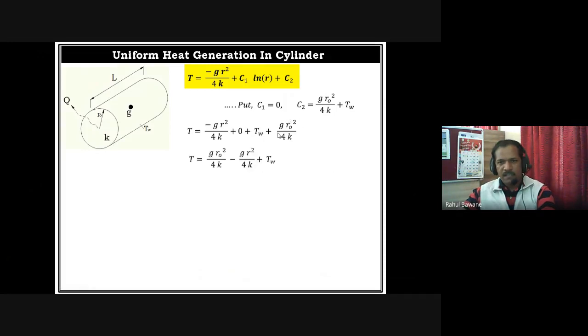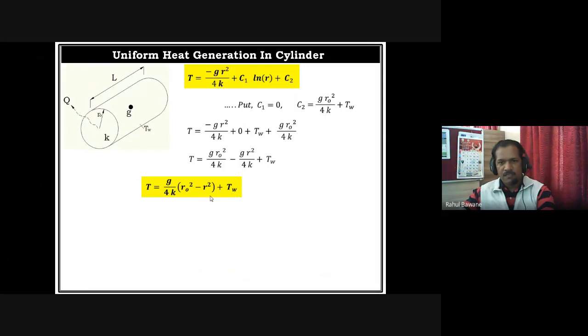Now I'm just rearranging this, taking the positive term first, so T equals g rho square upon 4k minus g r square upon 4k plus T wall. So our temperature distribution equation is T equals g upon 4k times rho square minus r square, plus T wall.